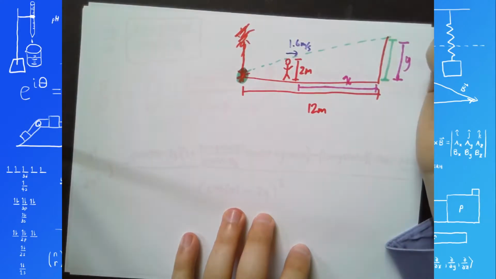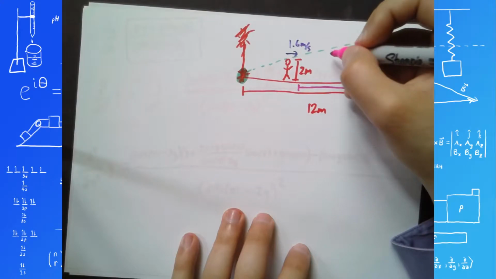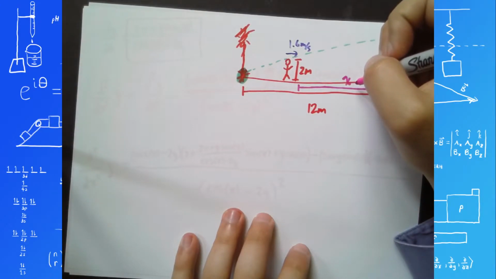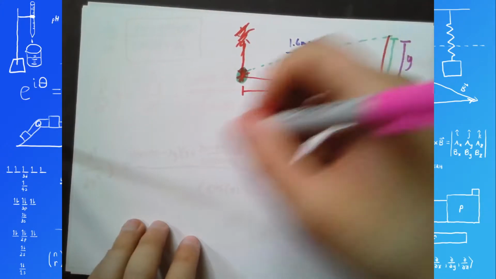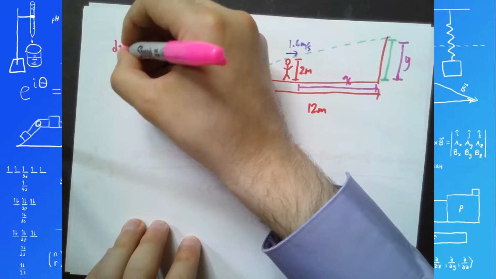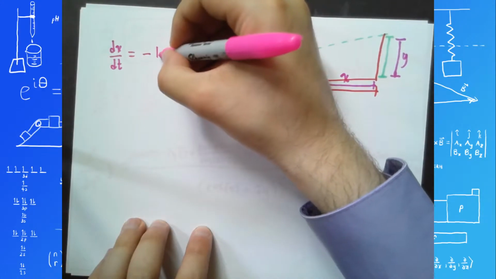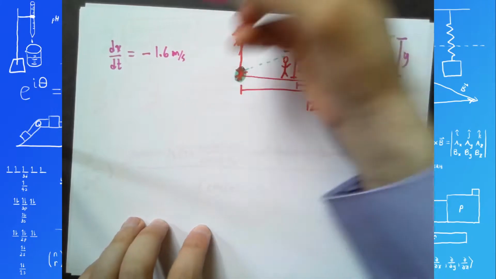Well, actually, no. We could do it as a rate of change of x, because if you're moving 1.6 meters per second to the right, that's basically the same as x decreasing by 1.6 meters every second. Okay, yeah, we can do that. So I can say dx/dt, at least the way I've defined x, is equal to negative 1.6 meters per second.